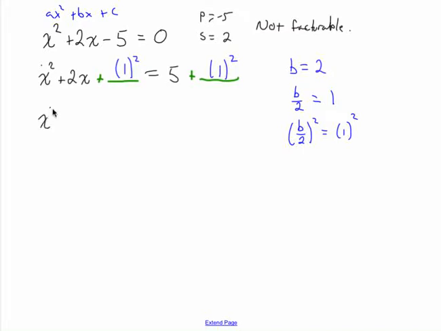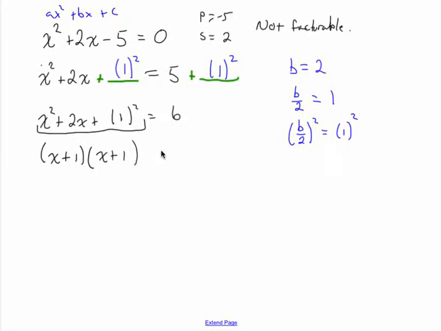Well, x squared plus 2x plus 1 squared is equal to 5 plus 1 is 6. Okay, why did I happen to choose or pick 1? Well, this factors into x plus 1 times x plus 1. Or in other words, x plus 1 all squared.